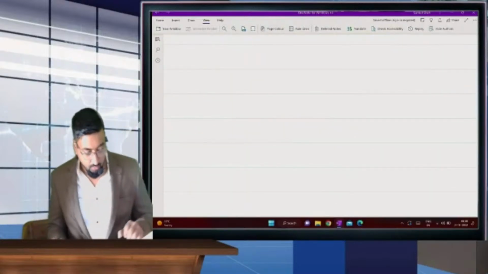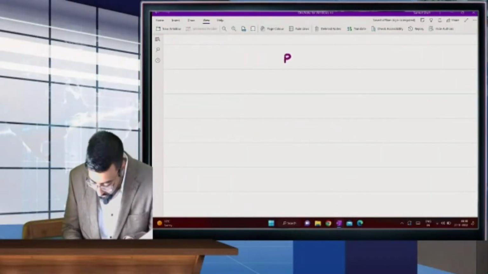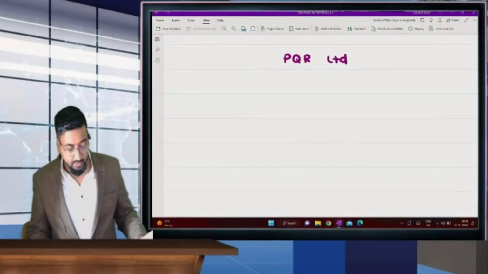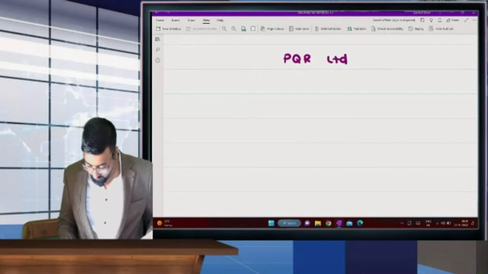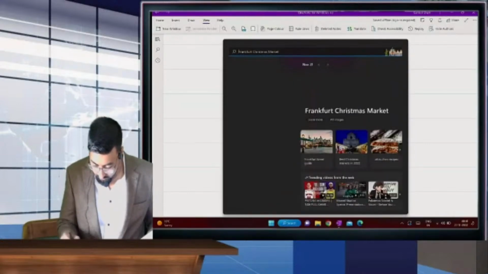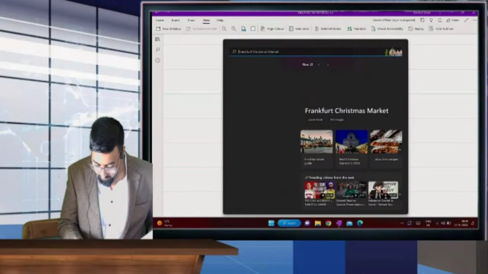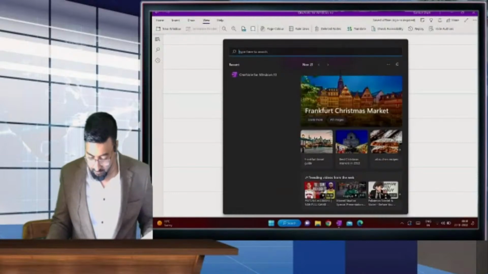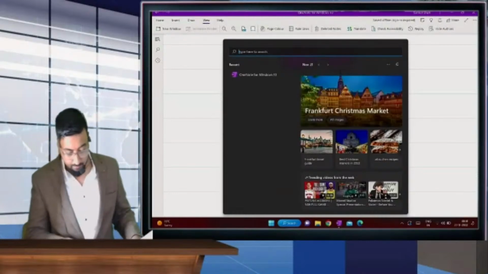Chalo, write down PQR Limited. One minute, beta.